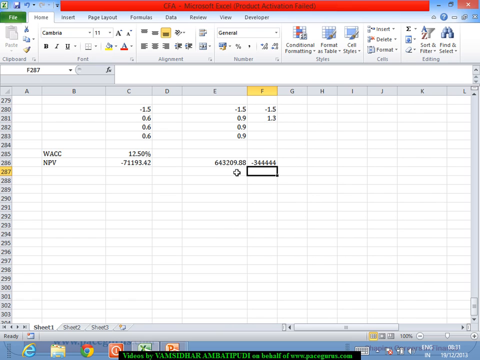So obviously I have a 50% chance of this and I have a 50% chance of this. So from there I can find out the overall NPV by giving enough weightages, 50% times this plus 50% times this. So in this case it is looking like the overall NPV is actually positive instead of negative, right?